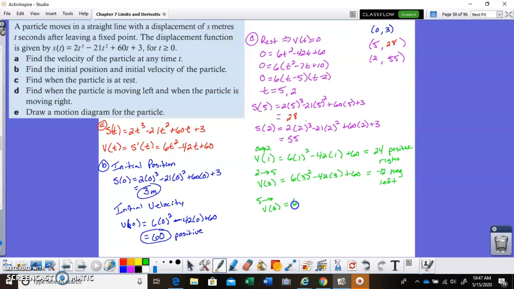Okay, so 6 squared minus 42 times 6 plus 60. I type it in my calculator and I get 24 again, which is positive, which means it's going to the right.